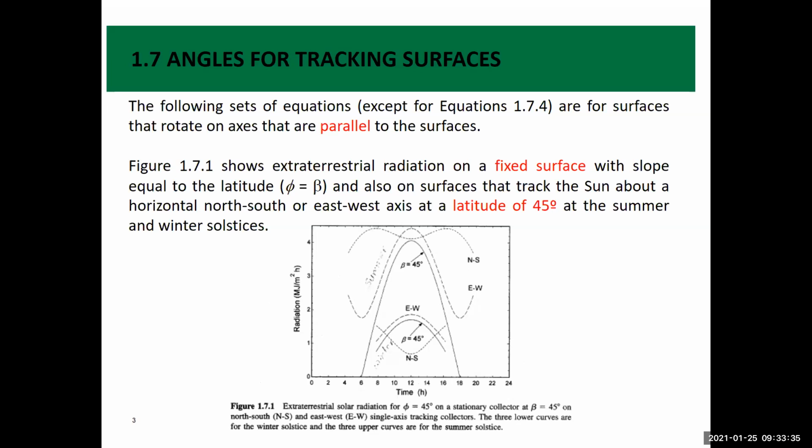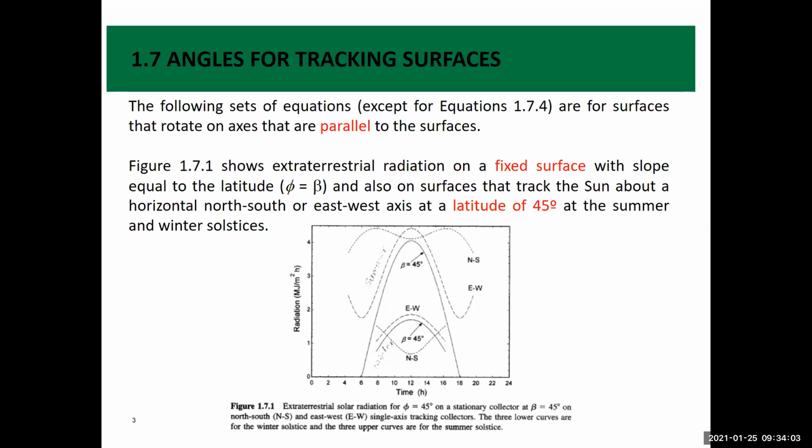What you can see in this figure is NS, which is north-south, and EW, which is east-west, and there are fixed values. It means something for summer, and something for winter. The solid line is the radiation falling on a constant surface.